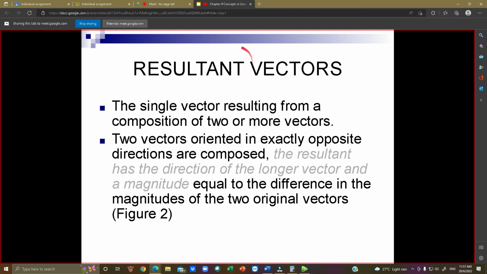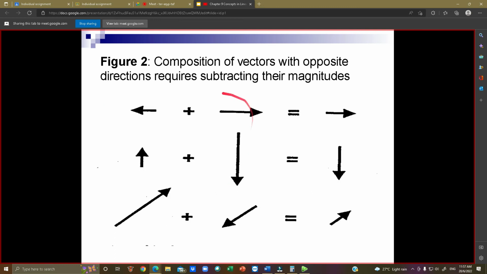And then, number 2, resultant vector. Single vector result from a composition of two or more vector. Two vector oriented in exactly opposite direction are composed. Resultant has the direction of the longer vector and magnitude. Ini bila arah dia tak sama.